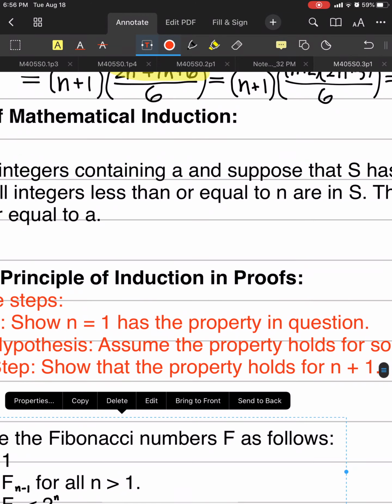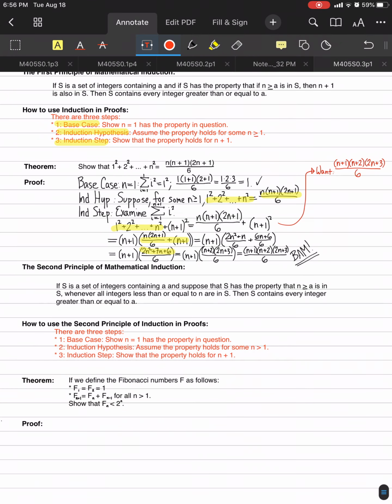So here you have a couple of things that are going to change. The thing to notice about the second principle of mathematical induction is you're not guaranteed that n being in S means n plus 1 is in S. What you're required to have here is that if all the values up to n, not including n, are in S, then n is in S. And these two are equivalent.